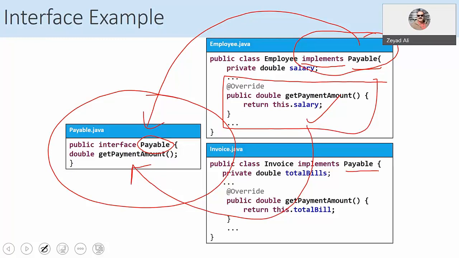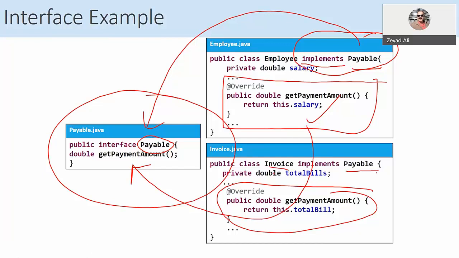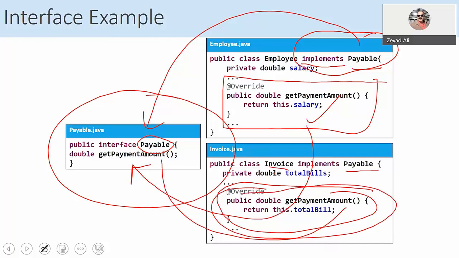For example, you have a company, how much money, what did we buy from them, why we need to pay, so many things. But one of the things is the payment amount. And because the invoice implements payable, then the invoice also must implement all the methods in the interface.